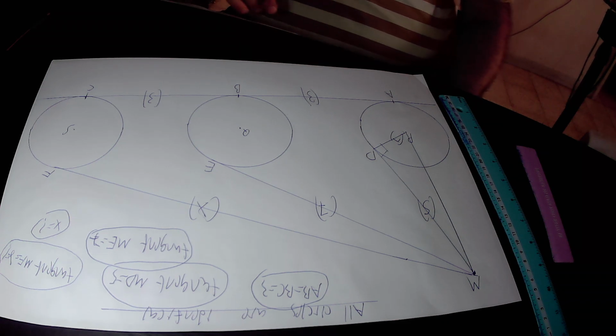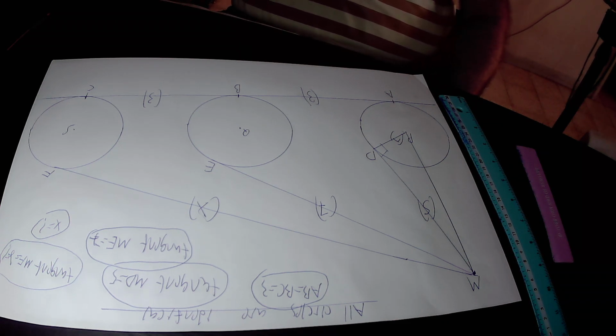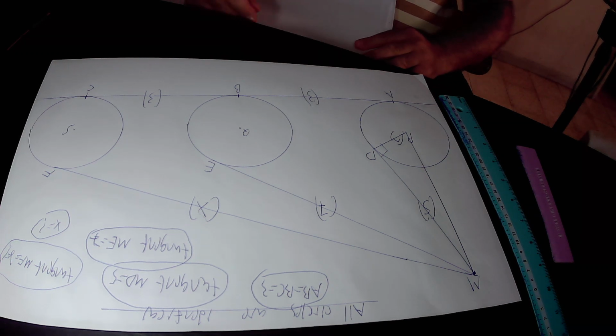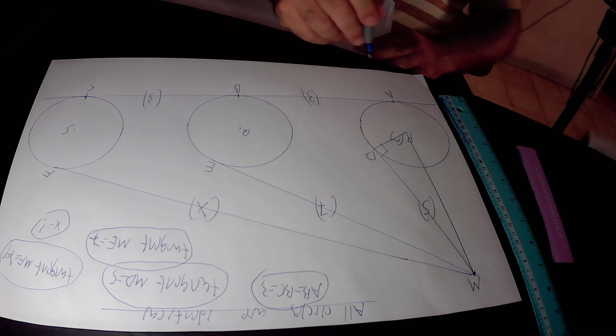According to the Pythagoras theorem, in any right triangle, the square of the hypotenuse equals the sum of the squares of the perpendicular sides. The hypotenuse of this right triangle MPD is MP. Therefore, the square of the hypotenuse is MP squared. And MP squared must be equal to PD squared plus MD squared.